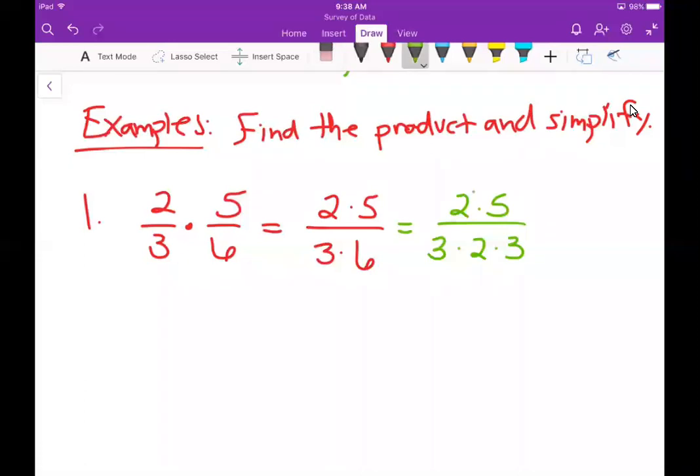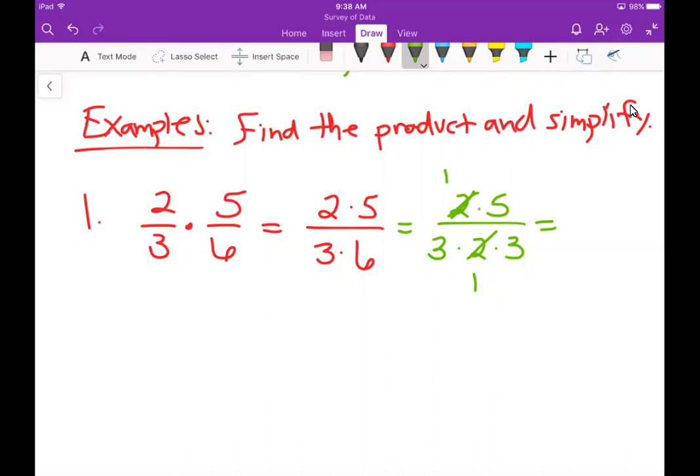So I'm going to go ahead and cancel that 2, and I'm going to look at my numerator again. I see a 5 this time. Is there a factor of 5 in 3? Nope. Is there a factor of 5 in this 3? Nope. So that means there's no more common factors, and once I know that for sure, then I'm going to go ahead and carry out my multiplication. Once this is canceled, it becomes a 1.